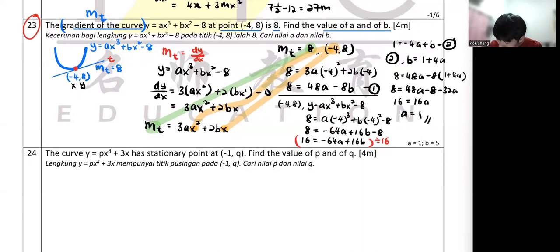So yep, this is the answer. Okay, this part wait for you first. The long step here.